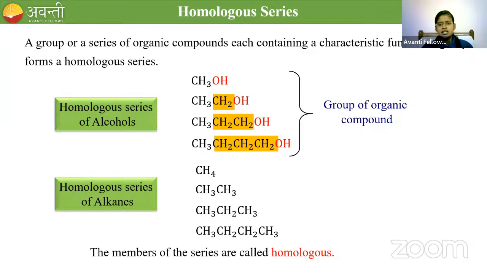You might have already studied this in your class 10th. Is it clear for all of you? Any doubt? Just by repeating the CH2 units, you get a class of compounds called a homologous series. Any doubt for anyone, students?